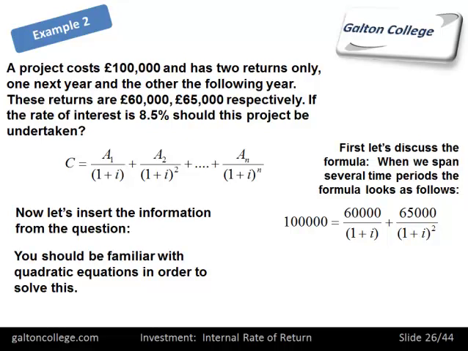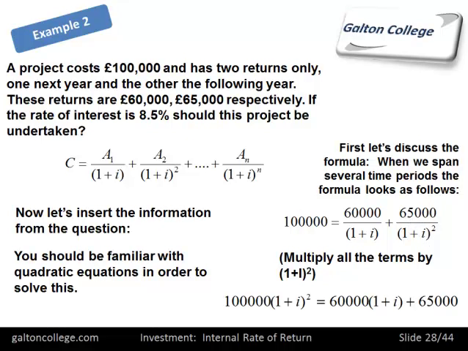It's not difficult, but we just have to confront it. So multiply each of the terms here by 1 plus I squared. We get equals 60,000 times 1 plus I, because this one here would cancel out part of that, and that's squared.